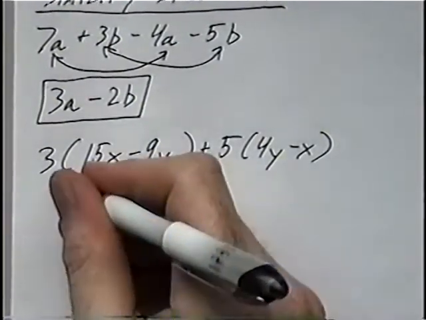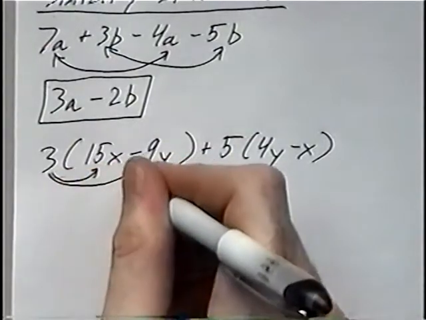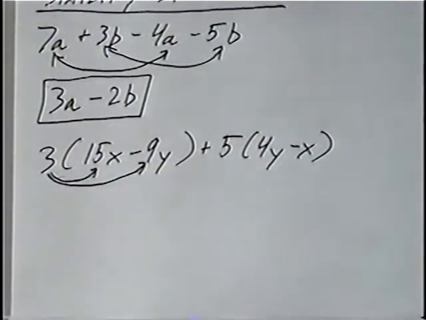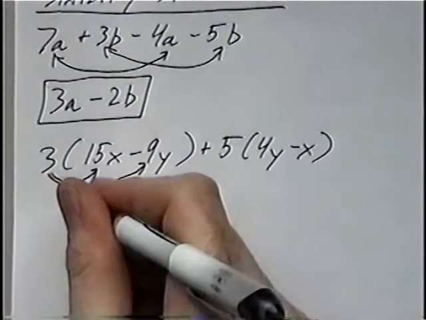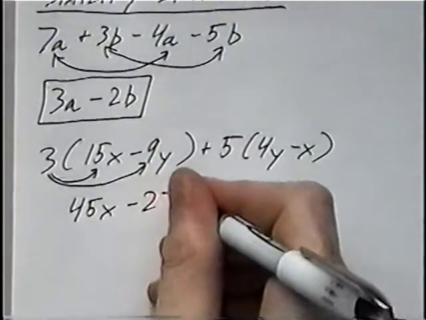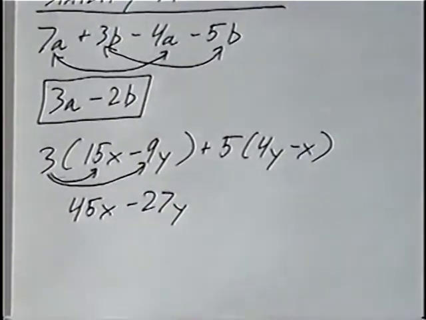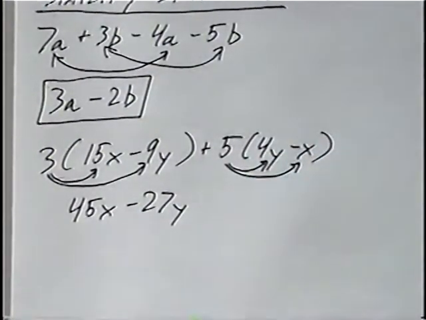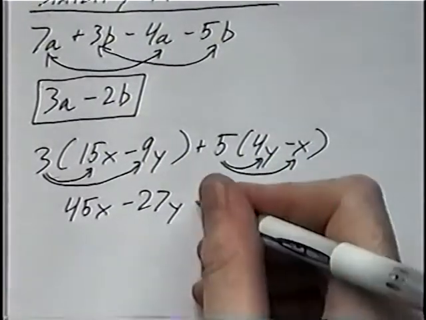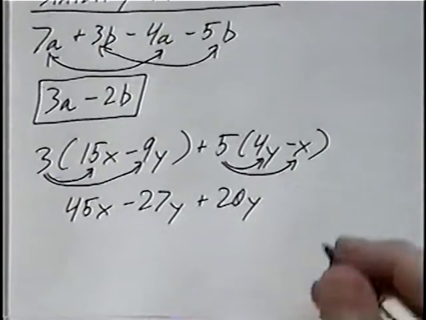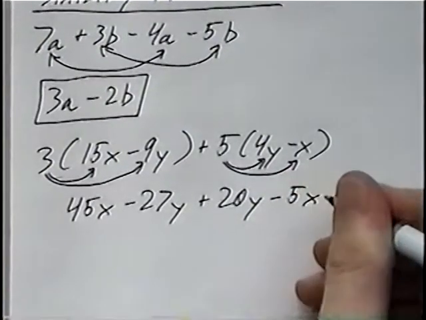Solving, we can use distributive property on the first parentheses, multiplying 3 by each of the inside terms. 3 times 15 would be 45x, and 3 times the negative 9y would be minus 27y. We can also use distributive property on the second set of parentheses. And 5 times a minus x would be minus 5x.